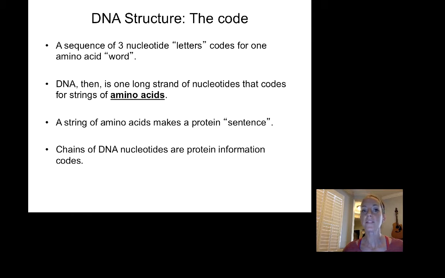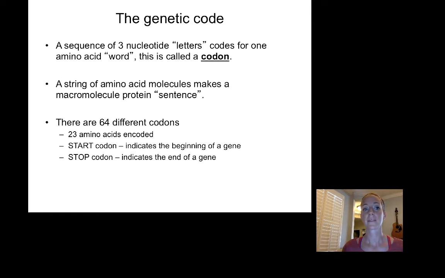So the purpose of DNA is to hold the instructions for synthesizing or making proteins, and those instructions are written in nucleotides. So a sequence of 3 nucleotide letters codes for 1 amino acid word, and this is called a codon. A string of amino acid molecules then makes a macromolecule protein.